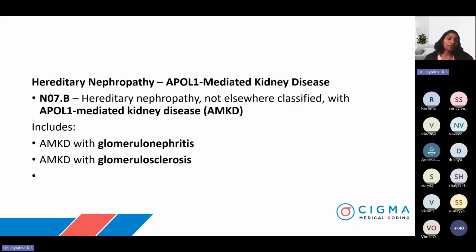Now, hereditary nephropathy, APOL1, that is apolipoprotein L1 mediated kidney disease. And N07.B is hereditary nephropathy, not elsewhere classified, with APOL1 mediated kidney disease, AMKD, that is, it includes glomerulonephritis and glomerulosclerosis.